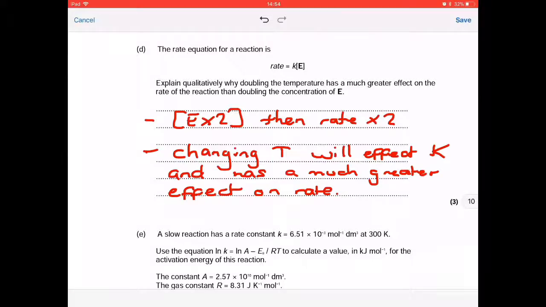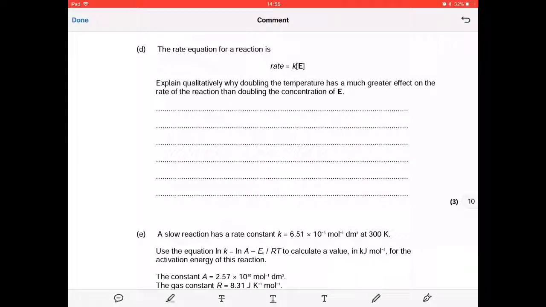The first is for explaining what will happen to rate if you double the concentration, and then talking about the fact that comparatively T will make a much bigger difference because it affects the value of K, and also that there are more successful collisions. And that will give you all 3 marks.